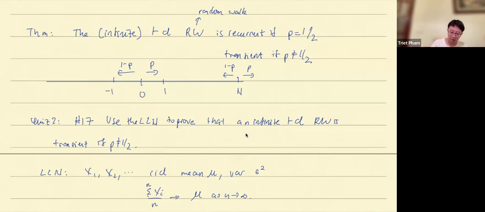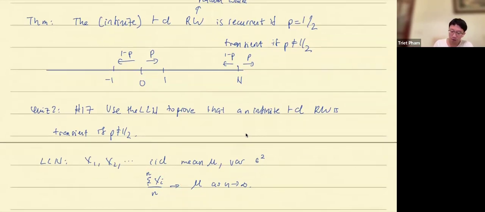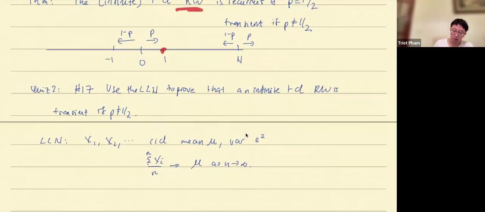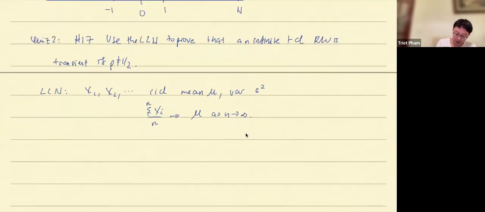So what does this have to do with our random walk? Well, the answer is that the 1D random walk actually is a random sum. How so? Look at the position. Let x_t be the position of the random walk at time t.